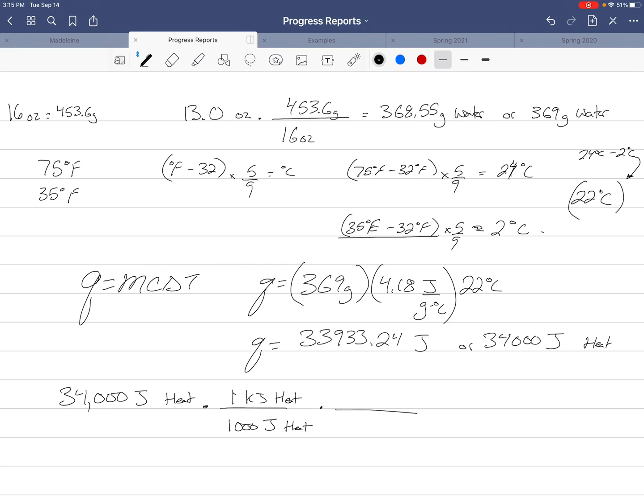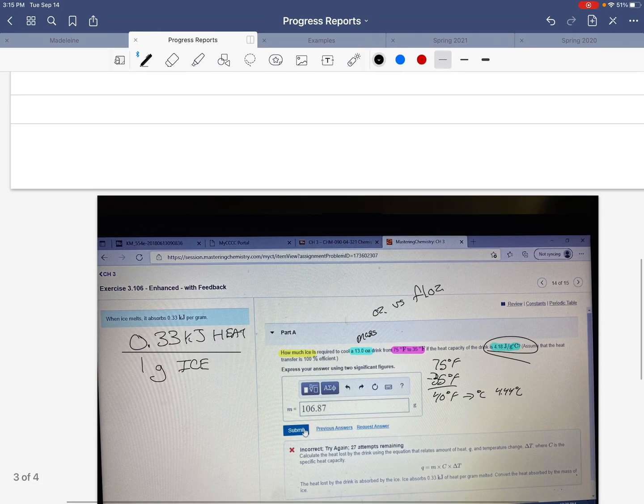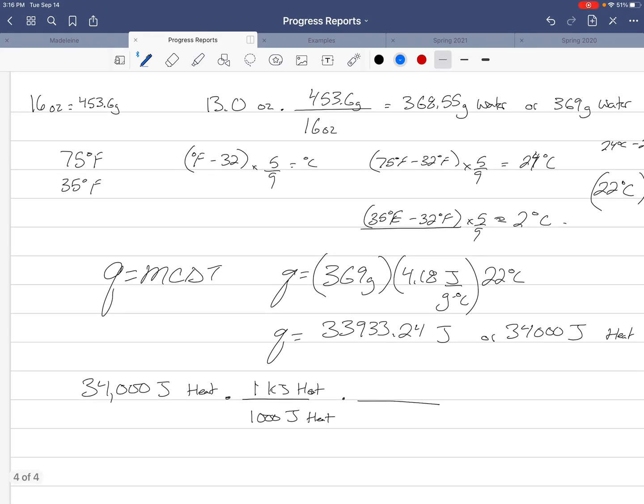And then we know from our problem, this little ratio right here, 0.33 kilojoules of heat per 1 gram of ice. So if I do this, I get 103 grams of ice. Well, to 2 sig figs, it's 1.0 times 10 to the second grams of ice. So 100 grams of ice.